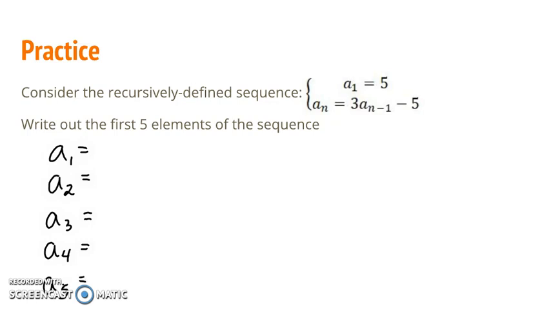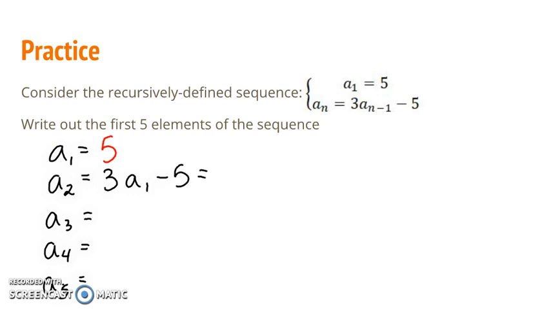Starting out, a sub 1. I already know a sub 1 is 5. So a sub 1 is 5. Now, a sub 2 is going to be 3 times a sub 2 minus 1, so that's going to be a sub 1, and then I've got just a minus 5 there.